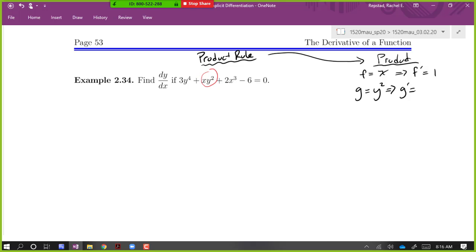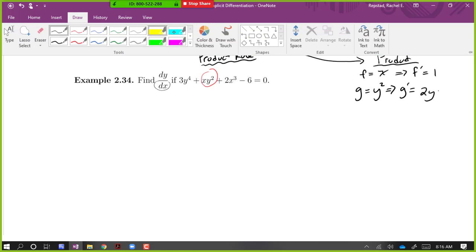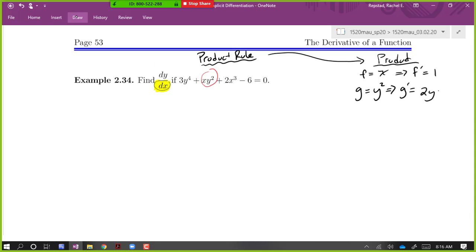So what is g prime? 2y. And what variable are we respecting? We're finding dy dx here, so we know that we are respecting x, and when we find g prime we're taking the derivative of a y term.